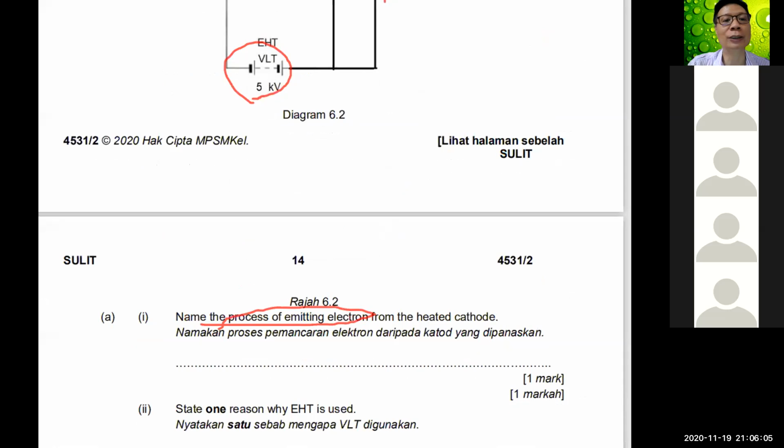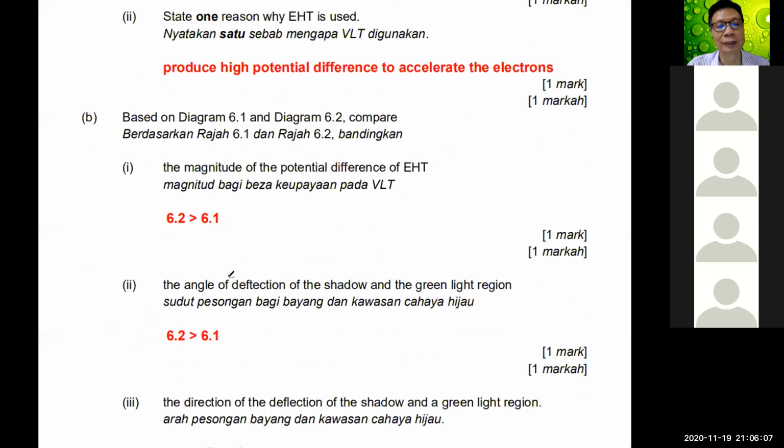The answer is like this, Chua. For example, magnitude of potential difference. You write: magnitude of potential difference in diagram 6.2 is higher than 6.1. That's right, in a sentence. Got it or not, Chua?